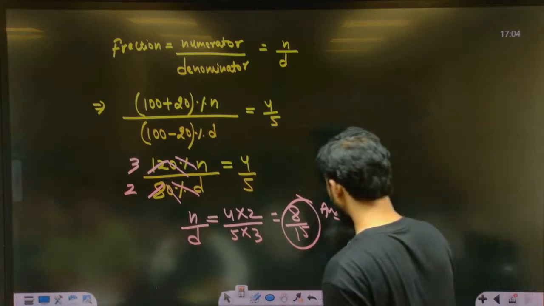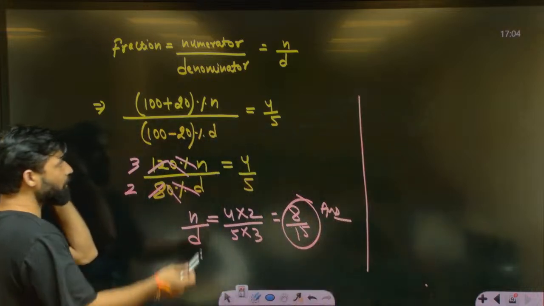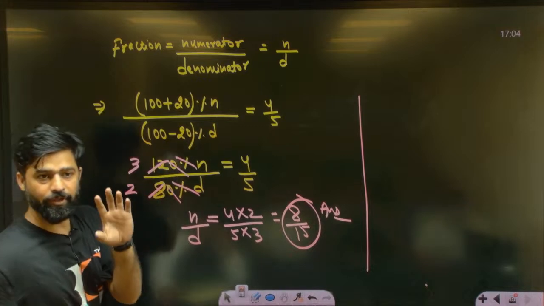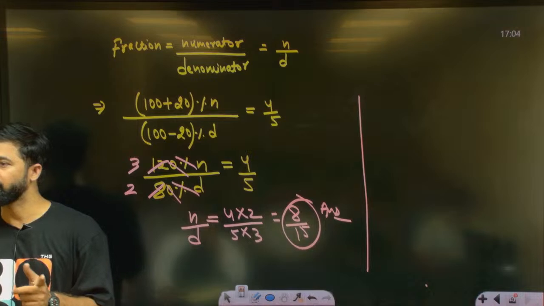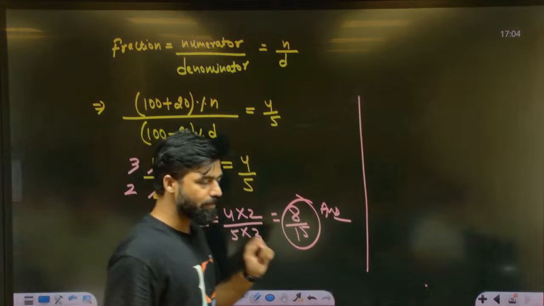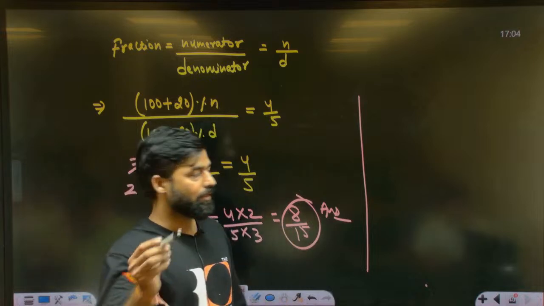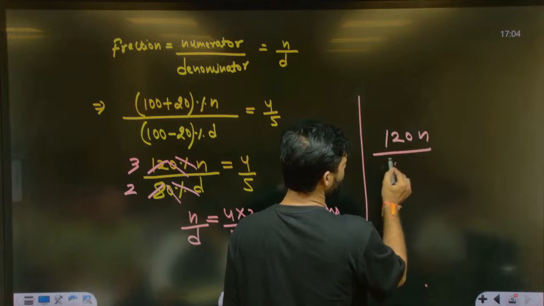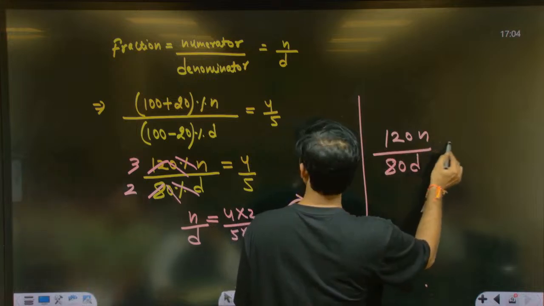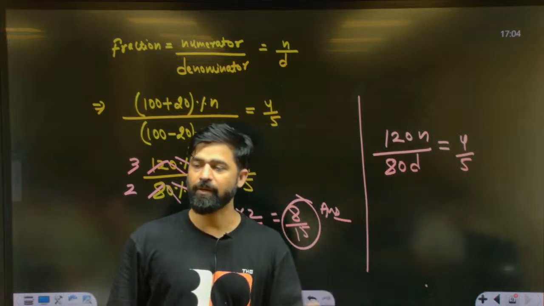In your exam, you don't have to start the question from here. How do you have to start your question? We know very well that the percentage part will be settled down. So your first step will be 120 N and 80 D equals 4 by 5, and in the second step you will get the answer.